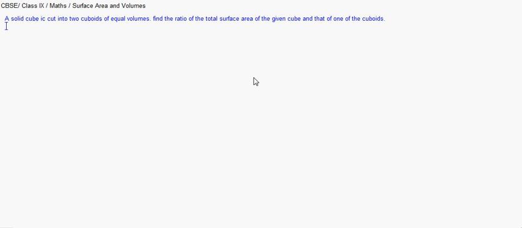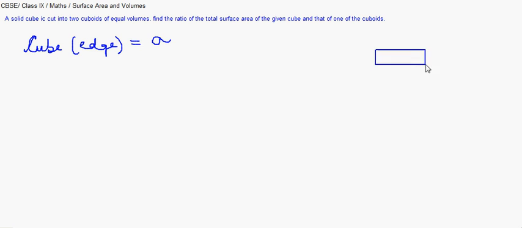Now let us assume that each edge of the cube is A. Now this is being cut into cuboids of equal volumes, right?